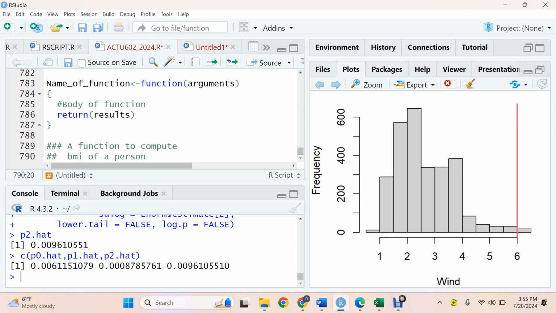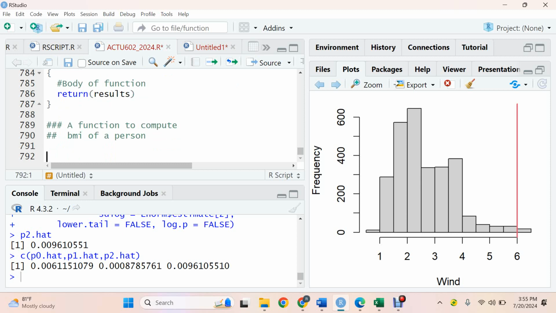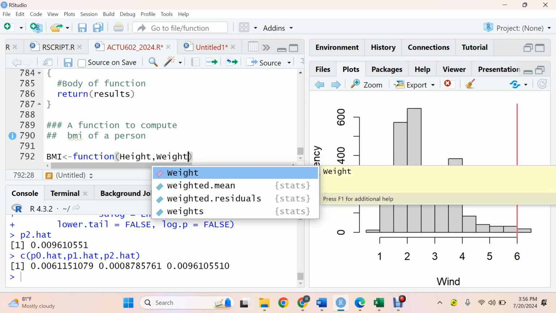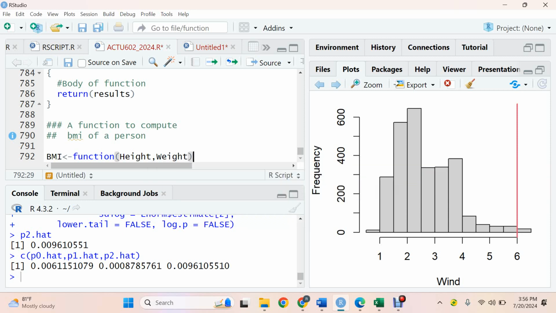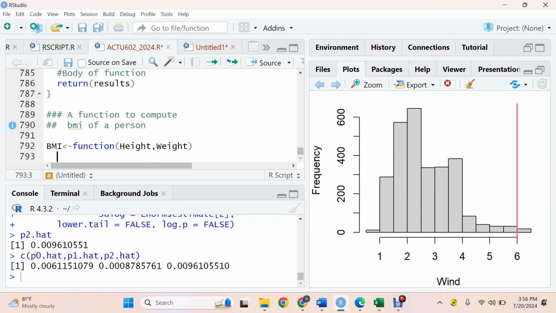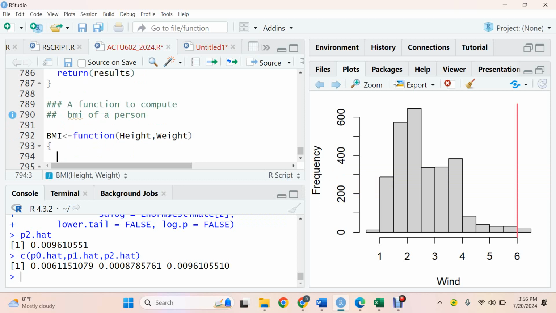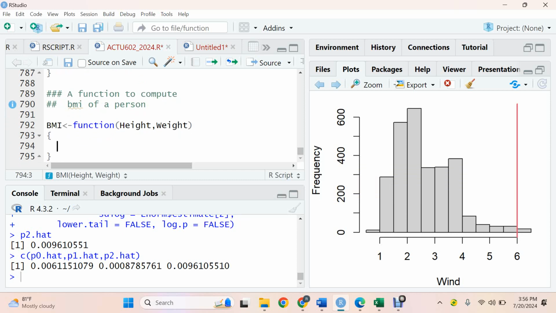So we will call the function BMI. What do you need to calculate your BMI? Height and then weight. If we get these, we should be able to compute the function. Okay, so I open the bracket and close the bracket.